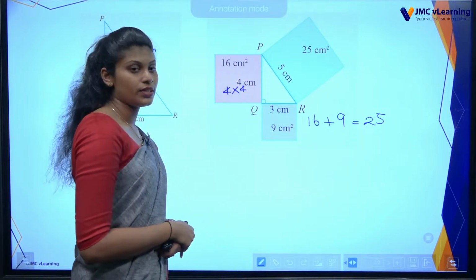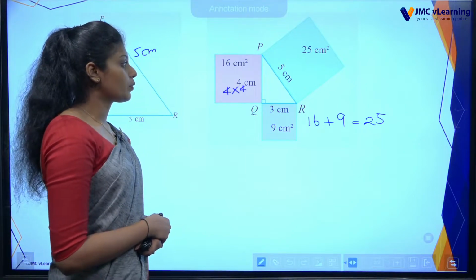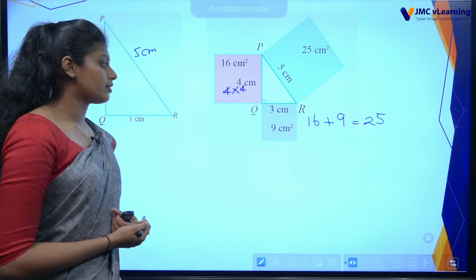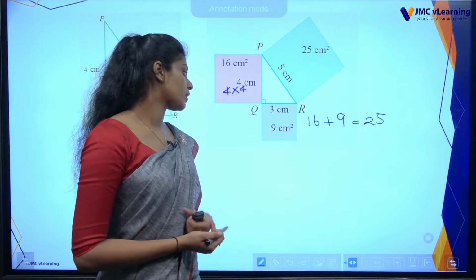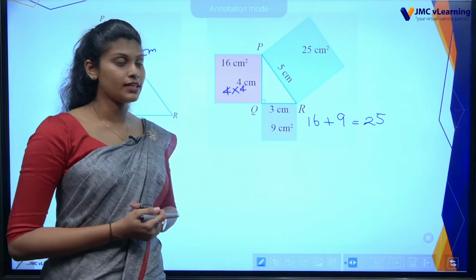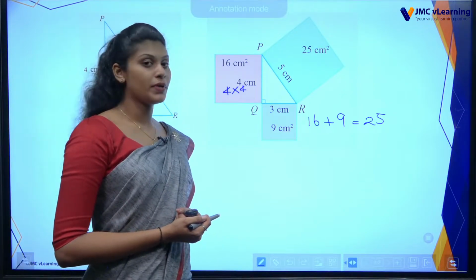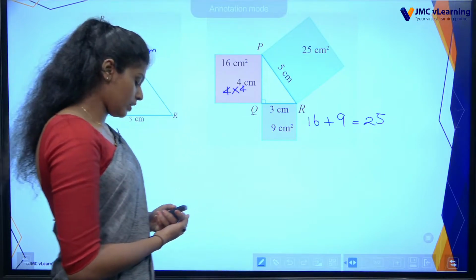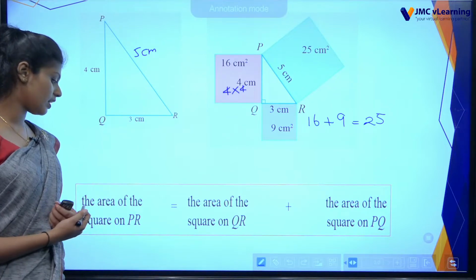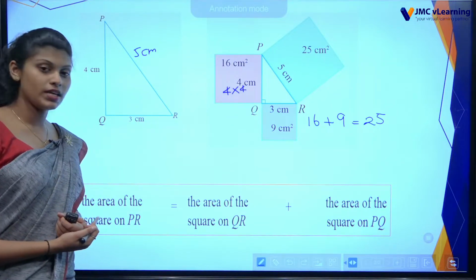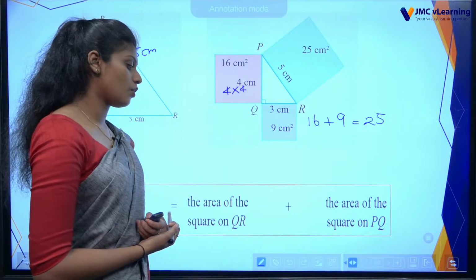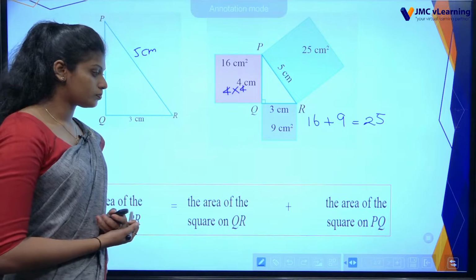So what can you say? The area of the square on the PQ side and the area of the square on the QR side, the sum of those is equal to the area of the square on the PR side. So we can say the area of the square on PR is equal to the area of the square on QR plus the area of the square on PQ.